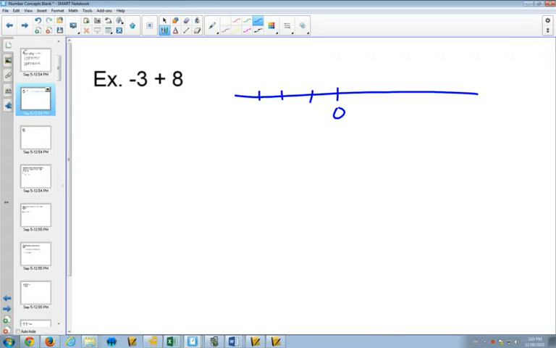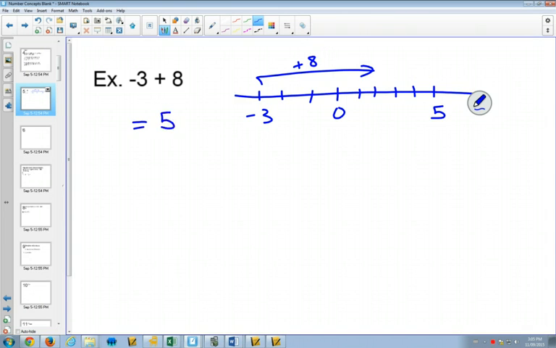You're going to start at -3. That's 3 behind 0. Now, adding 8 means that you're going to go 8 in this direction. Where would you end up? At 5. -3 plus 8 is equal to 5.